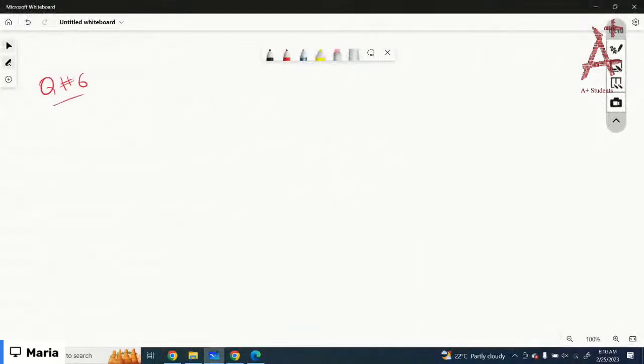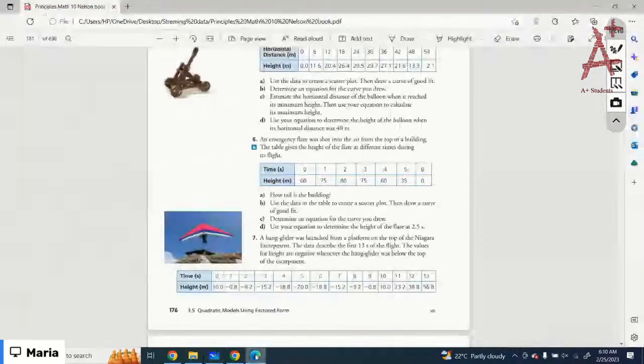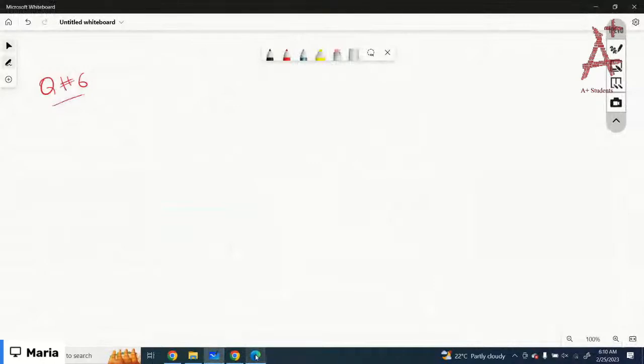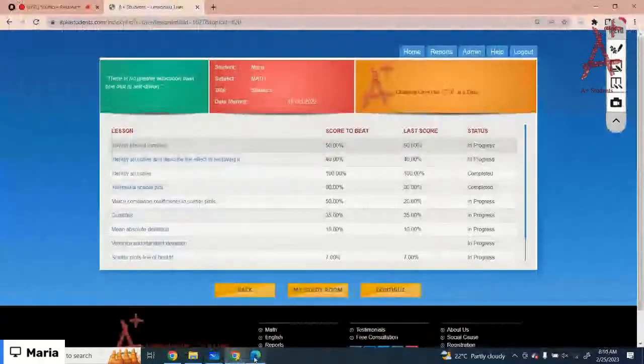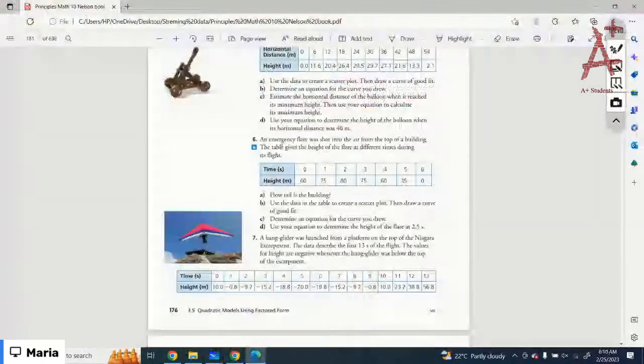Okay, the first part we have to find is how tall is the building. We have to find the height of the building. You are given that the flare was shot into the air from the top of the building. So that means that's the one at time 0.